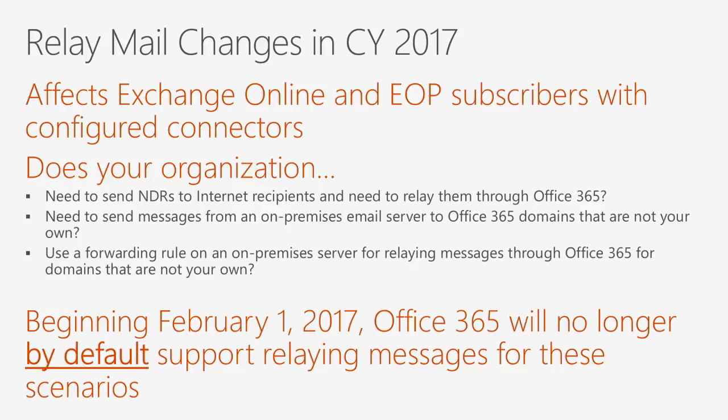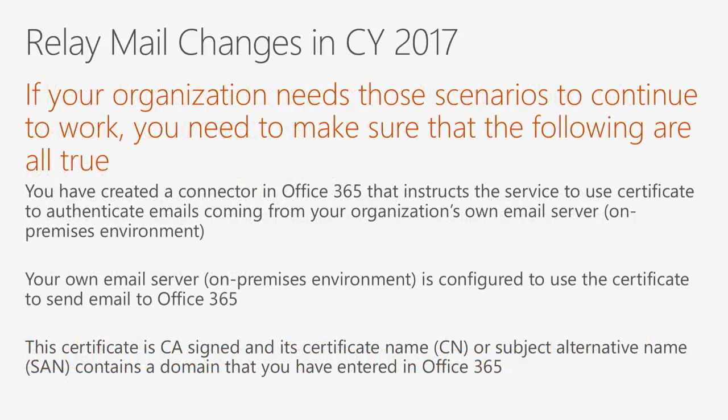Now, you can still get them to work, but you have to go ahead and do things yourself to set it up, like create a connector and instruct the service to use a certificate to authenticate the emails coming from your organization, your on-premises environment. Your on-premises environment also needs to be configured with the same certificates in order to complete the TLS channel.